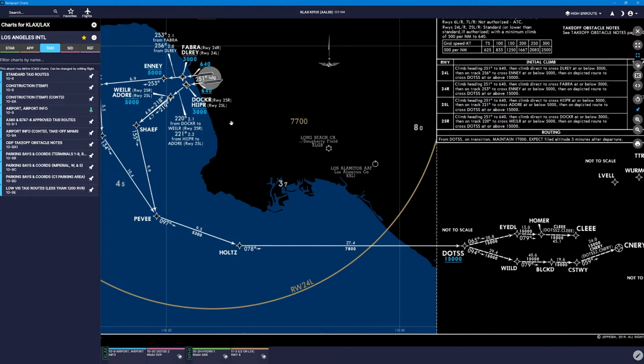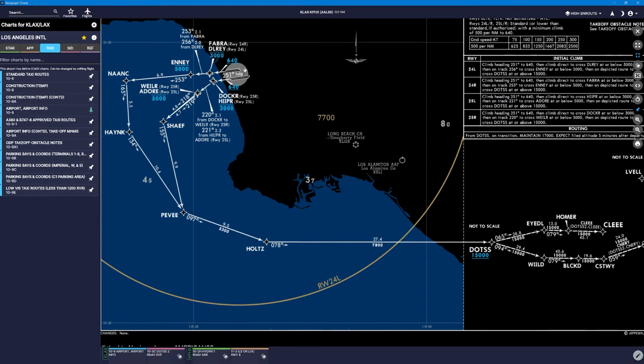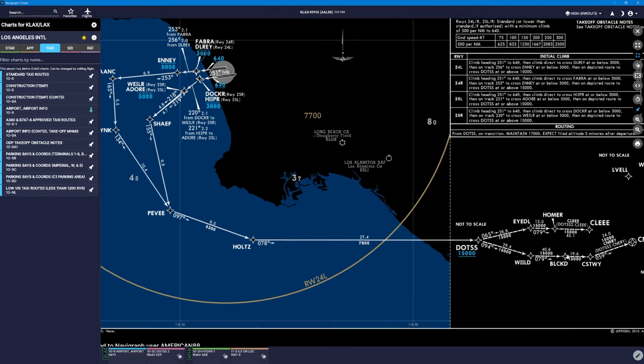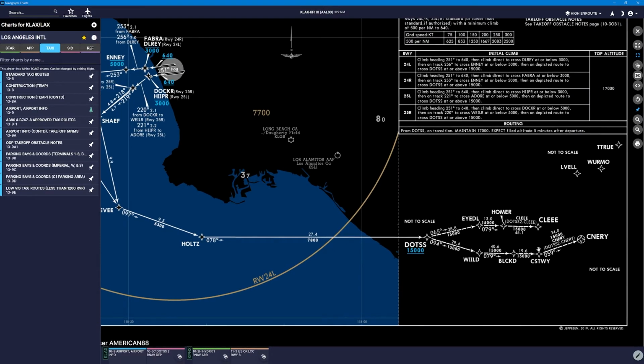And all that is, we're 24 left, so we're over here, flying along, boom, boom, boom, all the way down here. There's the dots thing, and then we're going to transition with scenery right here. So we would come down, across, up, and then on to the rest of our flight.